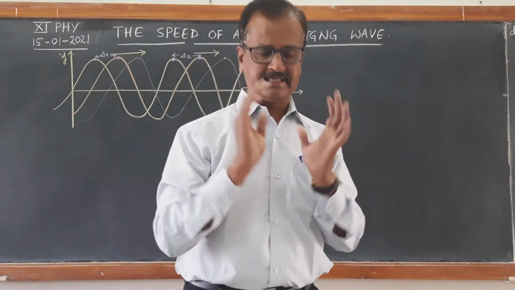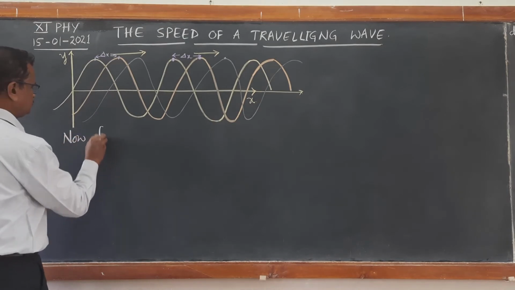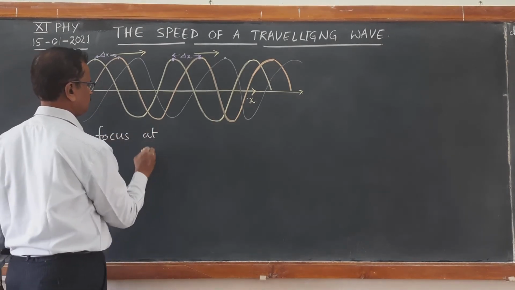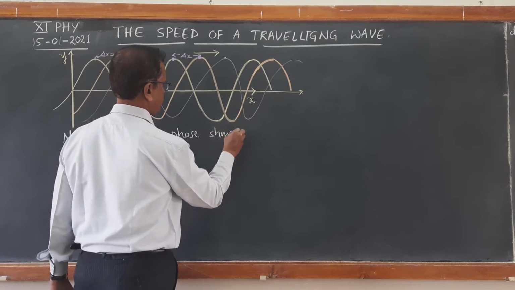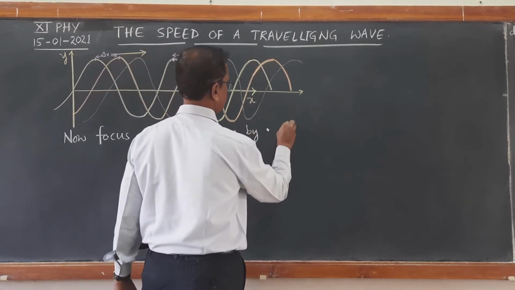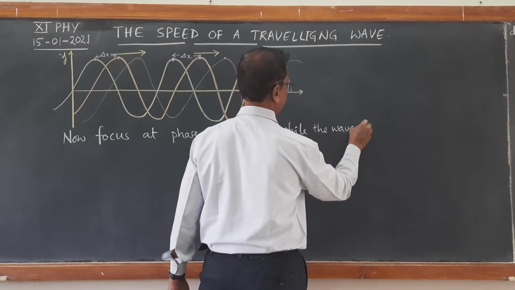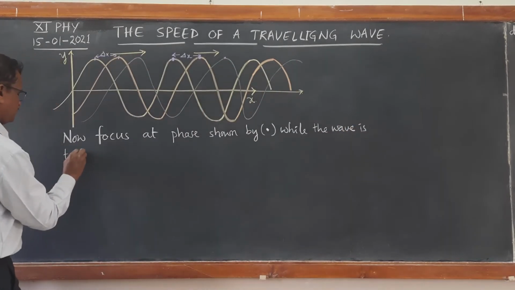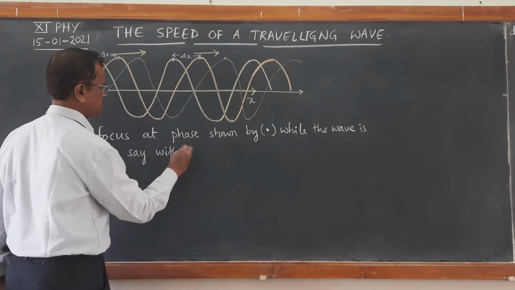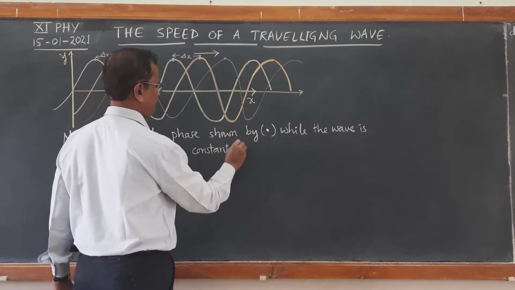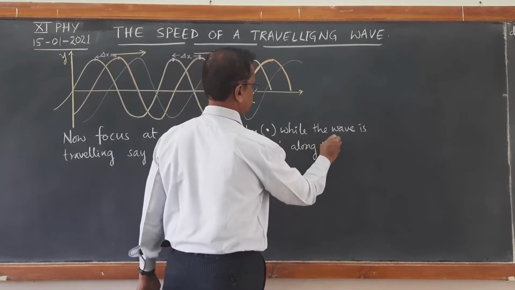So we are focusing at a phase, shown by the dot, while the wave is traveling, say, with a constant speed v along the positive x-axis.